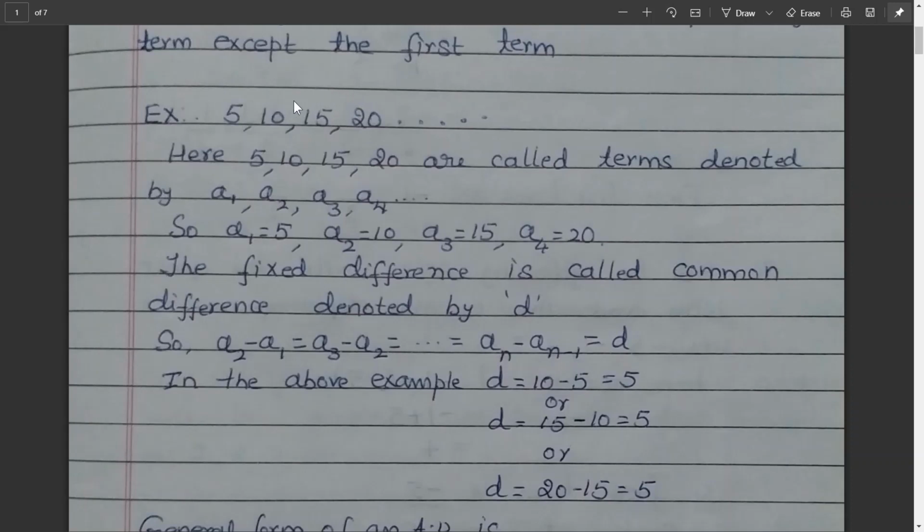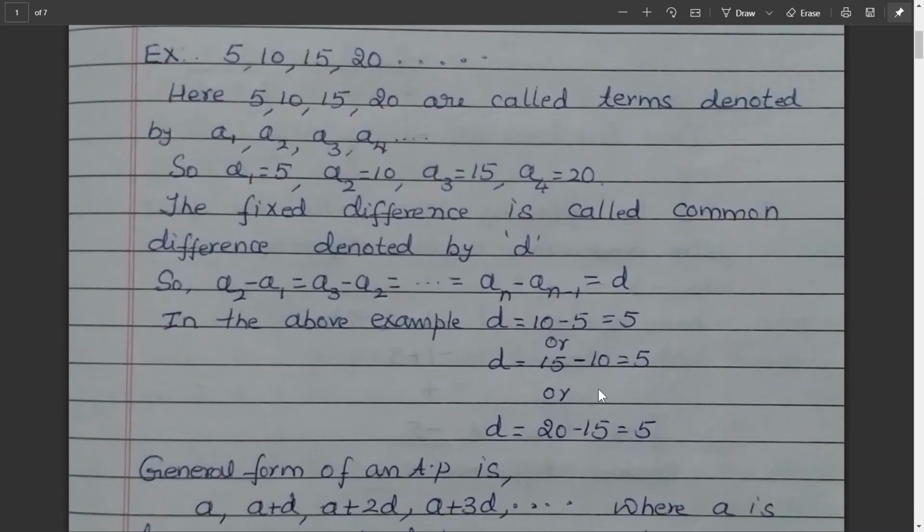So subtracting the preceding term from the succeeding term will give you the common difference. So in general we can say an minus an minus 1 is the common difference. In the above example, 10 minus 5 is 5, or we can find 15 minus 10, or we can find by subtracting 20 minus 15. Any one of the succeeding term minus preceding term will give you the common difference.